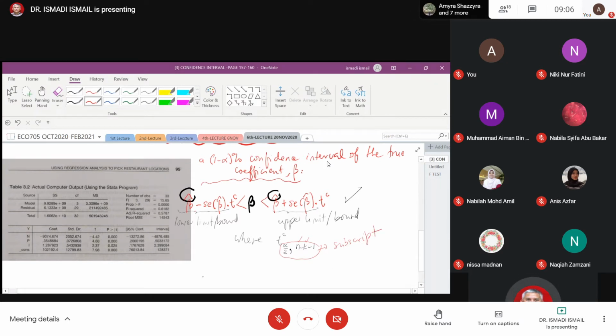If you write it like this, it is wrong in terms of representing the critical t. This is the idea of confidence interval. Next we'll go to how to conduct the two-sided t-test using confidence interval.